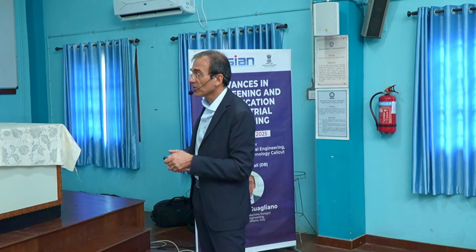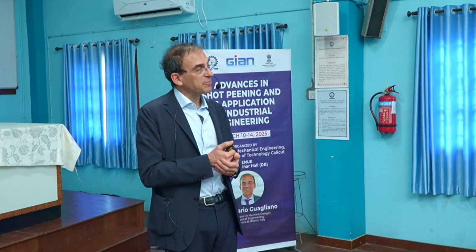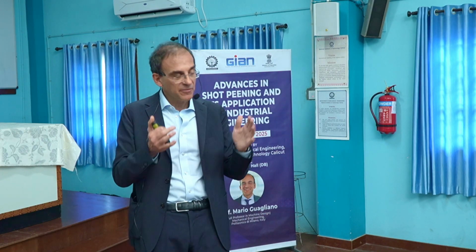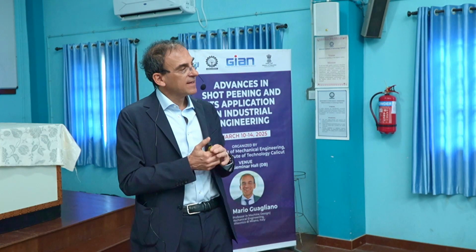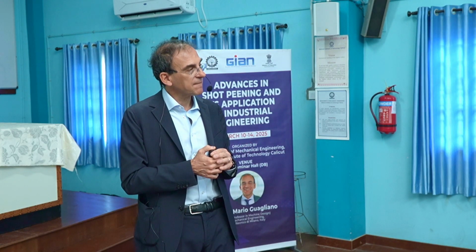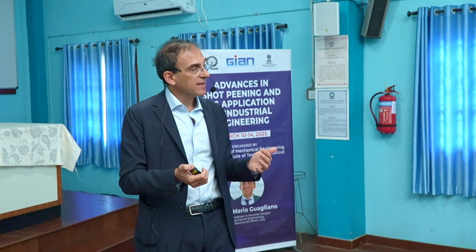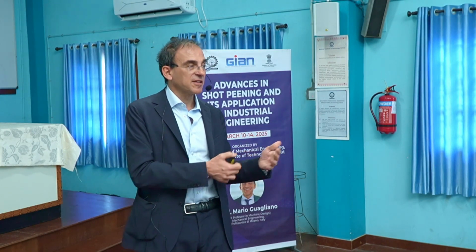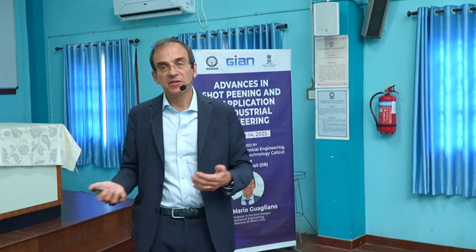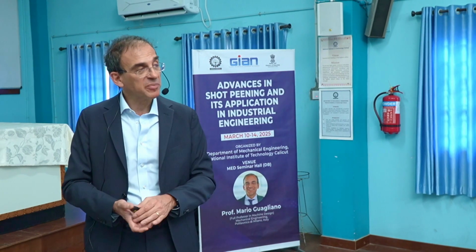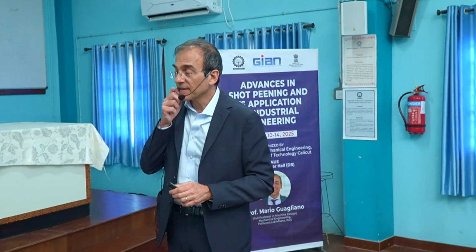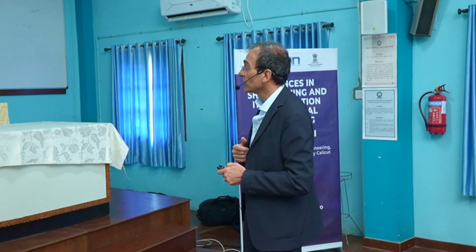We measure the coverage directly on the peened part. We go there with some tool that we will see, and we measure which is the real coverage. Then this can be considered as satisfactory, or if it's not the case, we must perform peening again till the expected coverage conditions are reached.